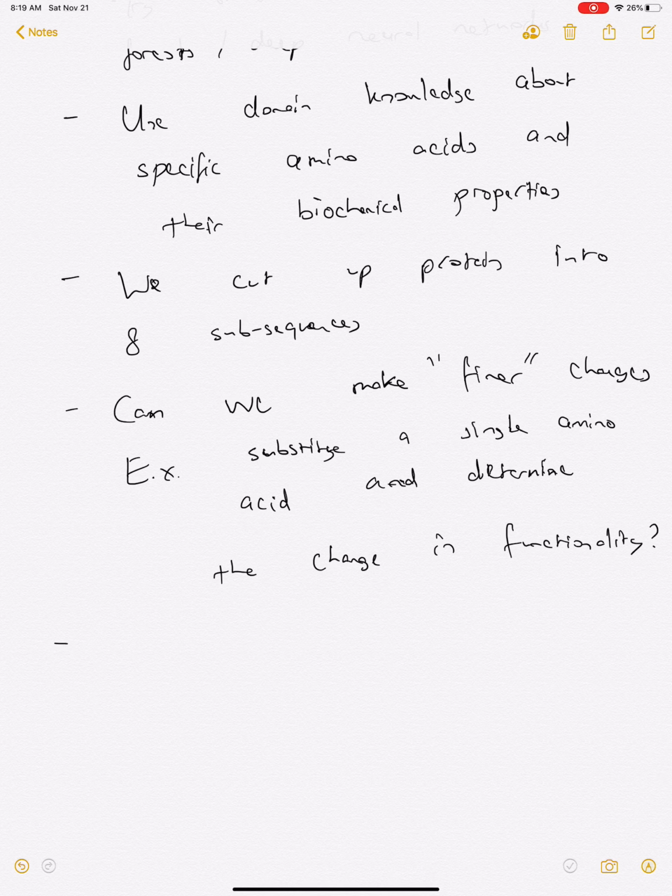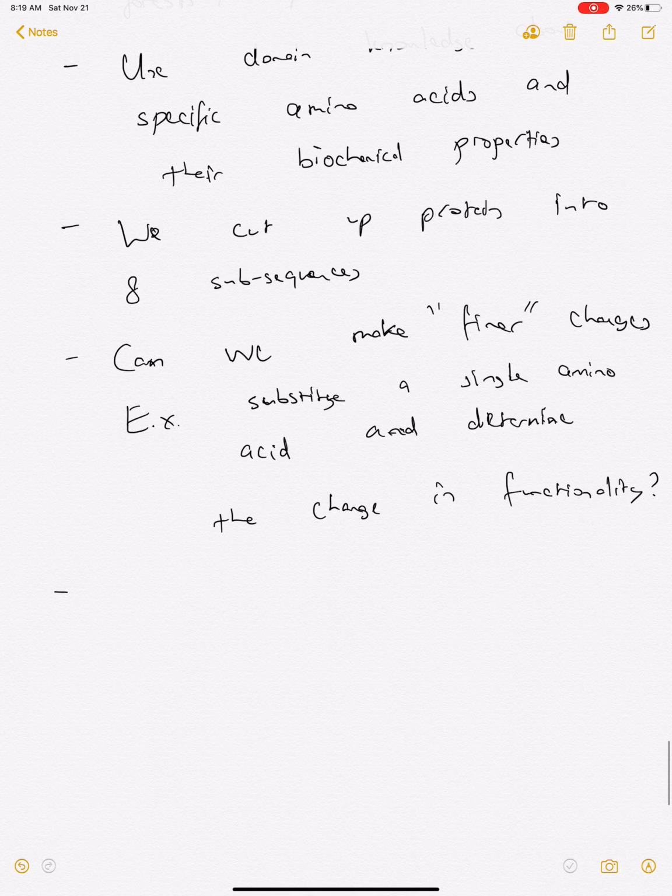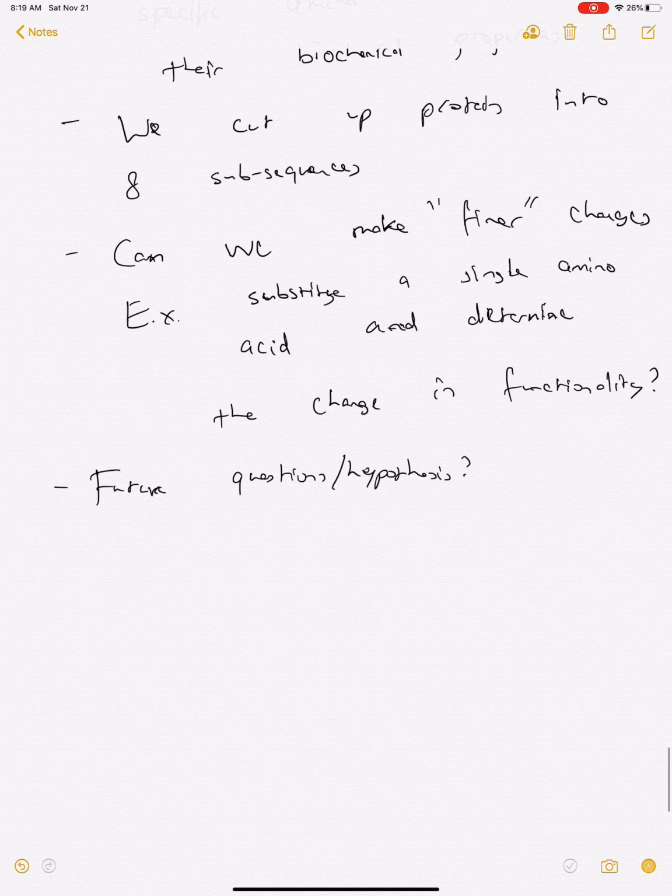And then the final thing is there are many future questions or hypotheses. Does this apply to other protein sequences?